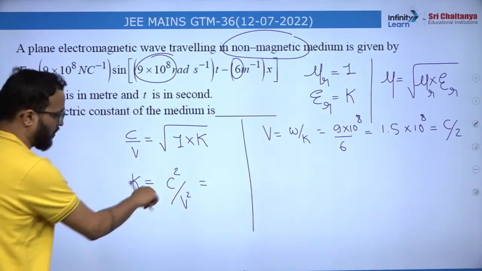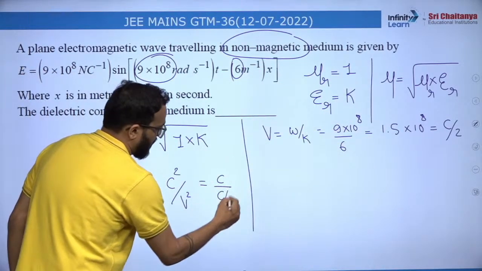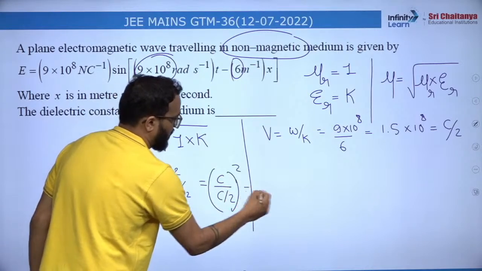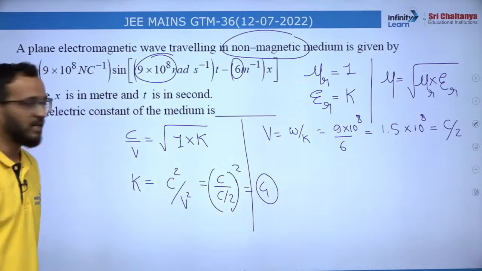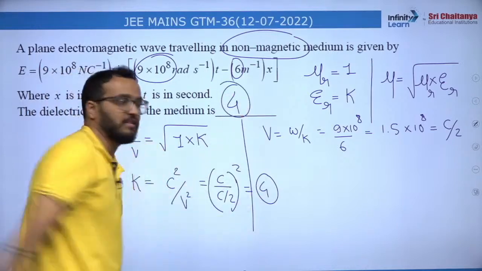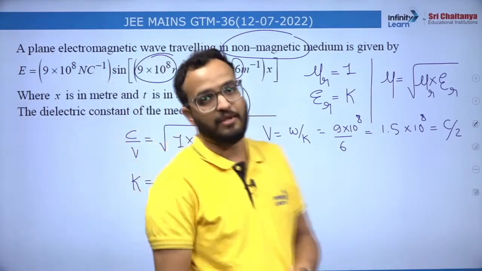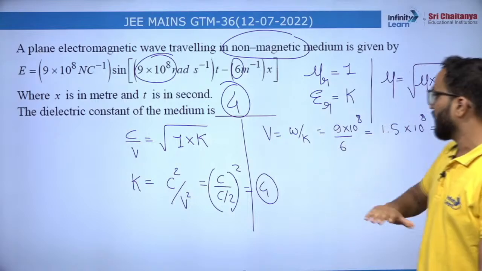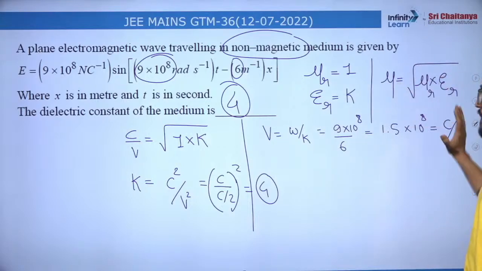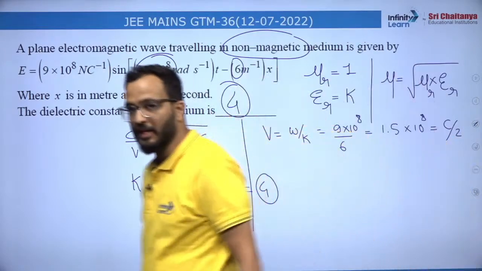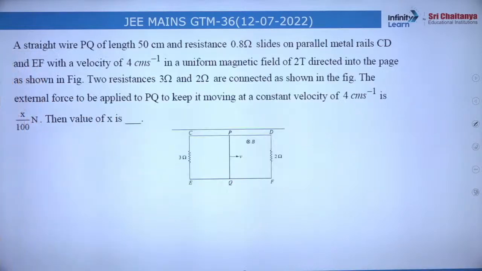So V is C by 2. So you will say C upon C by 2 whole square, which will be 4. So which option is correct? Oh, sorry, not option. What is the answer? 4. Did you understand, students? Read the question carefully, know what method should be applied and solve it immediately, right? Okay, let's move on to the next part.